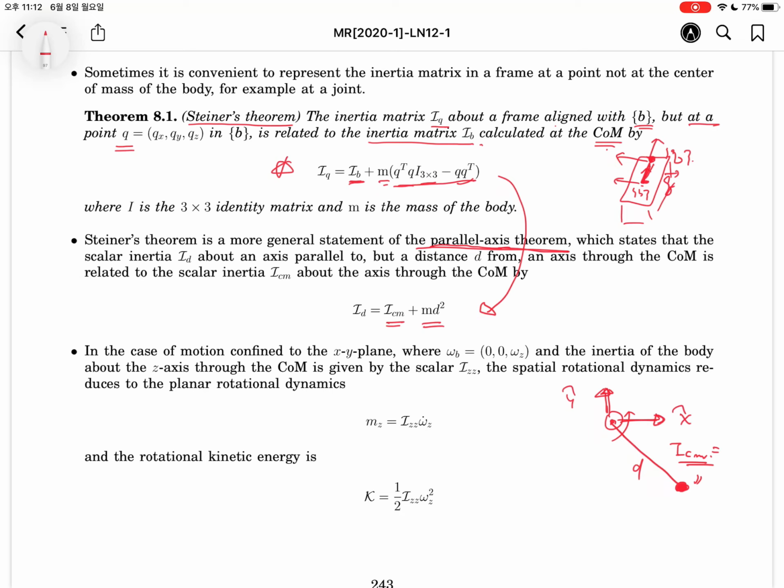The parallel axis theorem will be applied to the 0x, 0y frame, but the center of mass frame should appear.